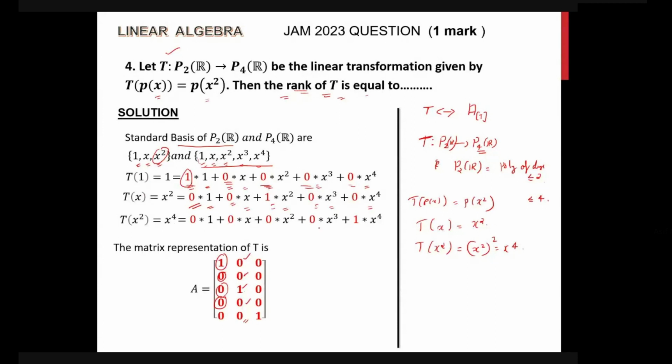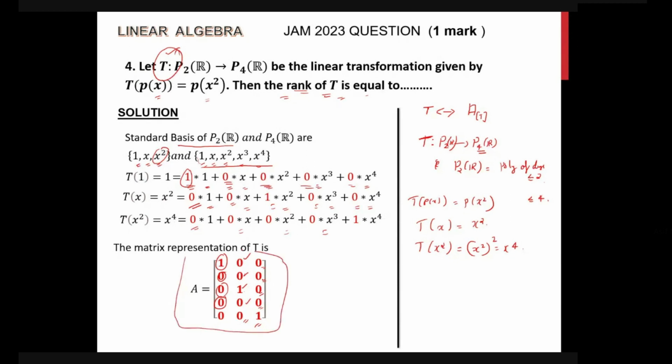And the third column is 0, 0, 0, 0, 1. So this is the matrix representation A of T.